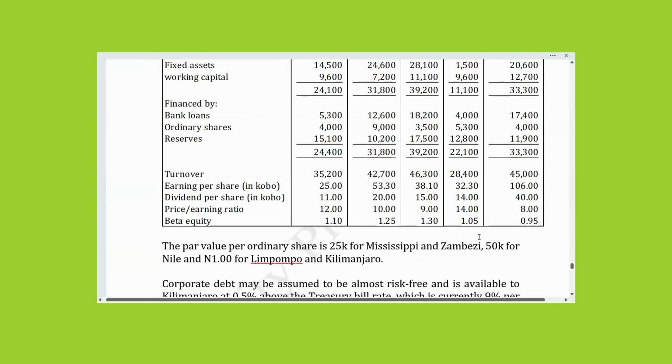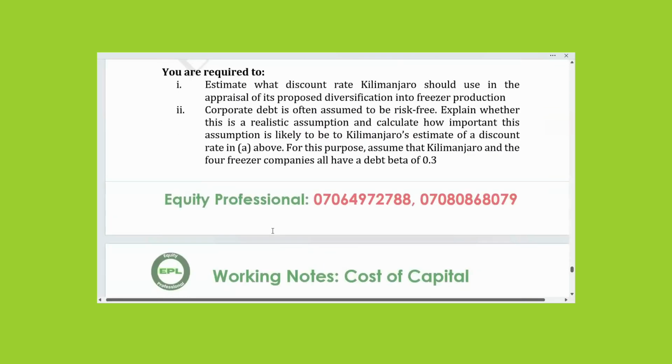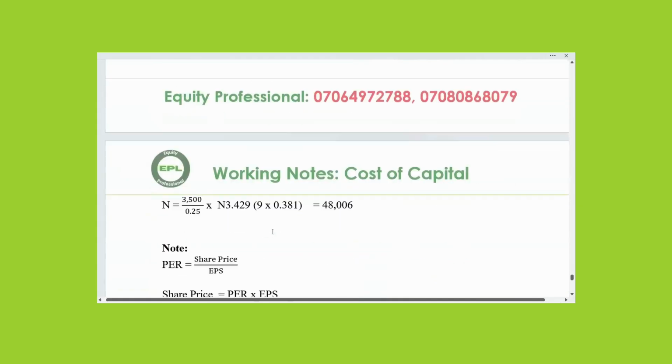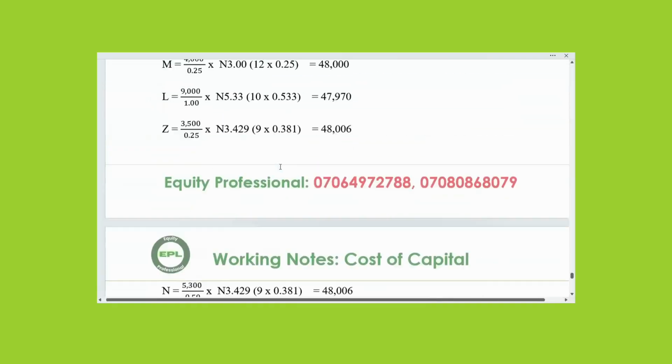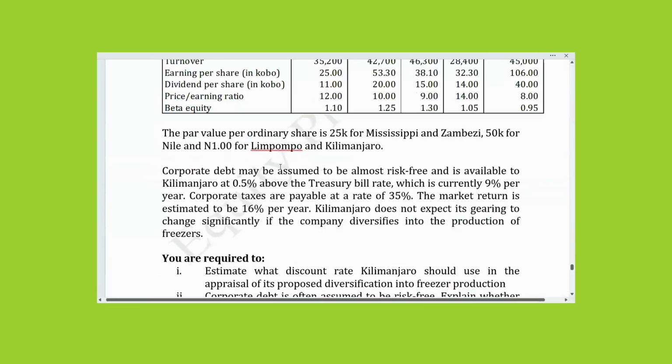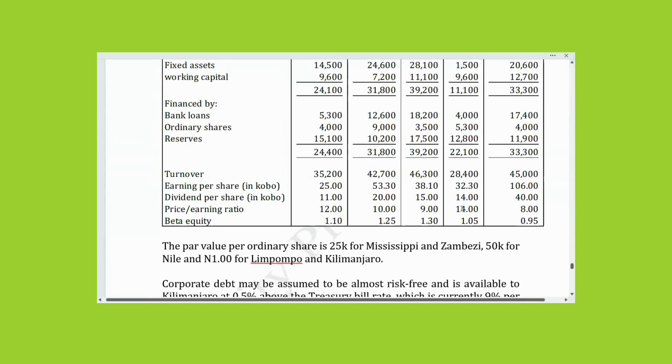And also, the par value of N is 50 kobo. 5,300 divided by 0.5, that's 10,600. Then, price earning ratio of N is 14, multiplied by earnings per share of 0.323.